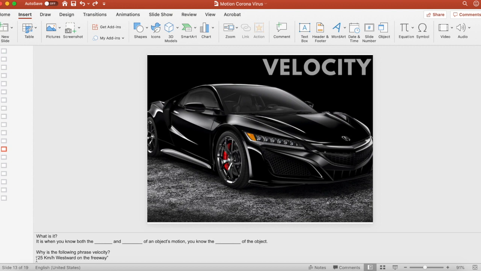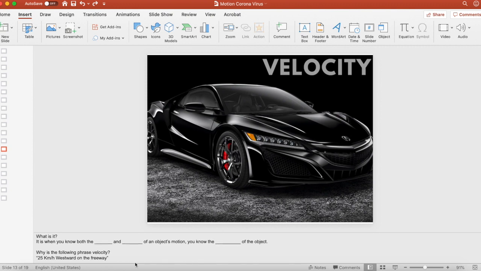Well, do I know the speed? Yes, you do. It's 25 kilometers per hour. Do you know the direction that the object is traveling? Yeah, right here. It says westward. So you know both the speed and the direction, therefore you know the velocity of this object.